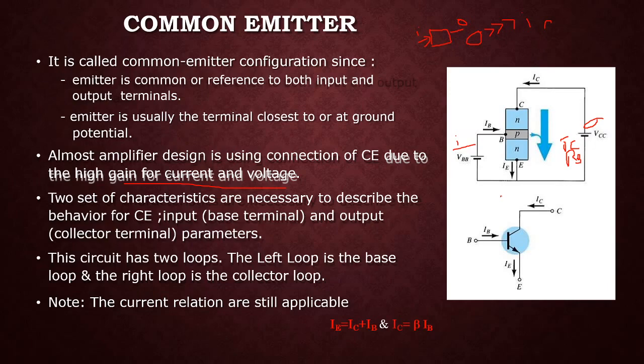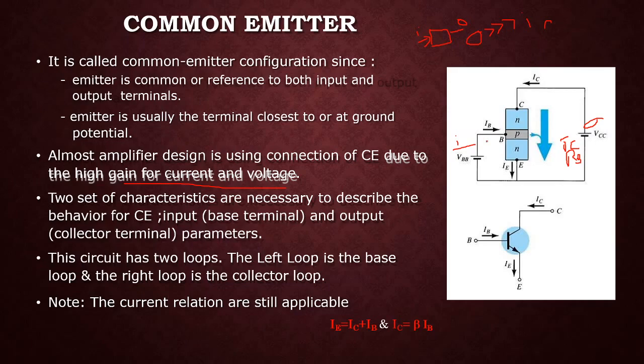Next, we have to see what the input characteristics and output characteristics are. The curve drawn for input voltage versus input current is called the input characteristics. The graph drawn between output voltage versus output current is called the output characteristics.